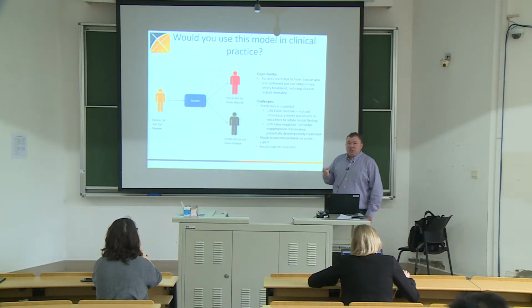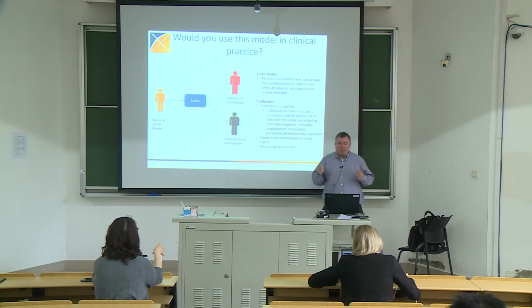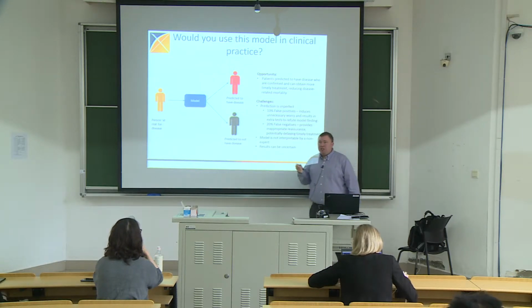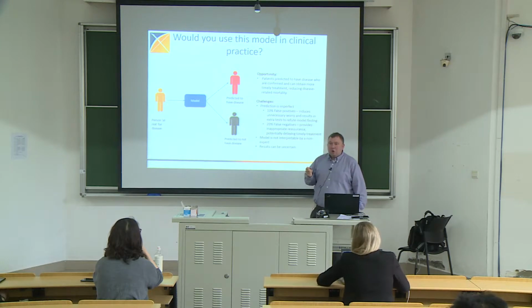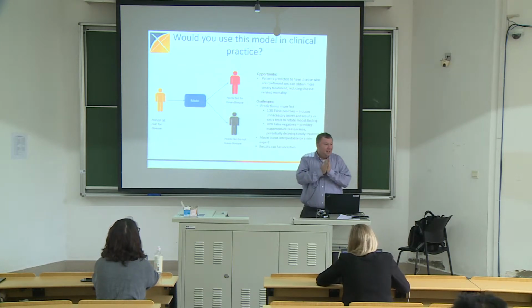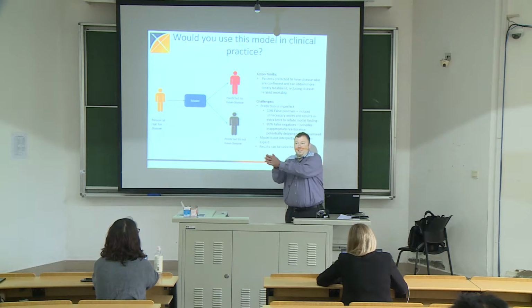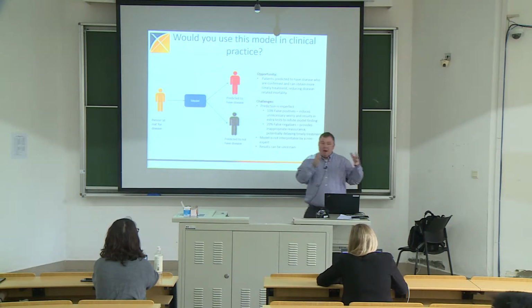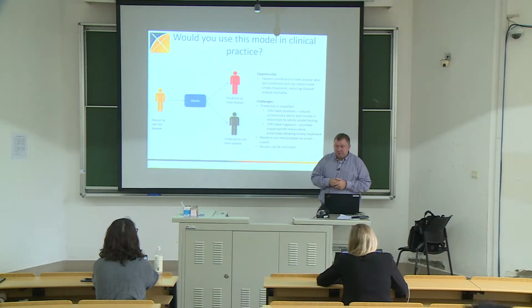But the challenge with using any prediction model is that prediction is not perfect. We cannot guarantee that we will find the right people who definitely have the disease and not find the people who don't have the disease.